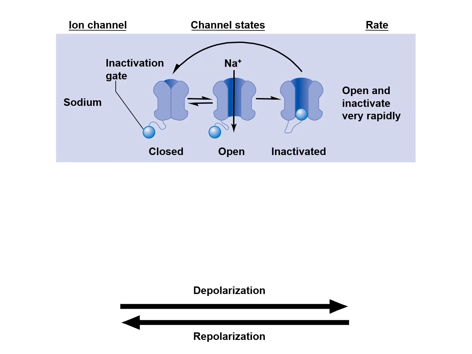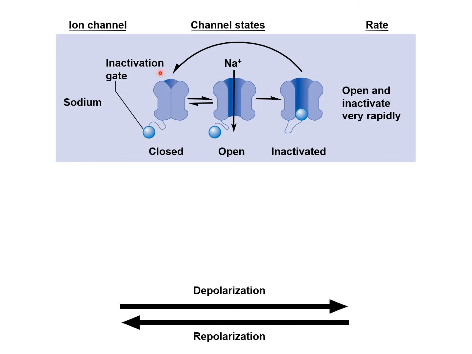And here is one of the major stories, and this is one of the key mechanistic features of an action potential. It is this double-gated voltage channel. Notice that it's closed right here, but we also have this ball and chain.